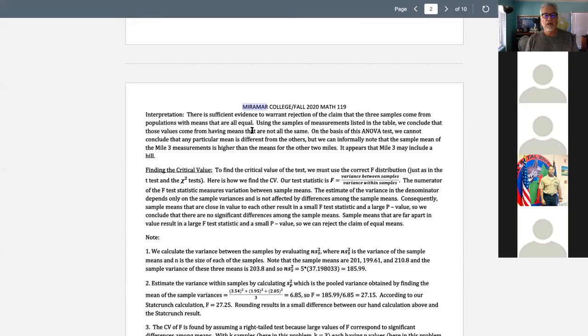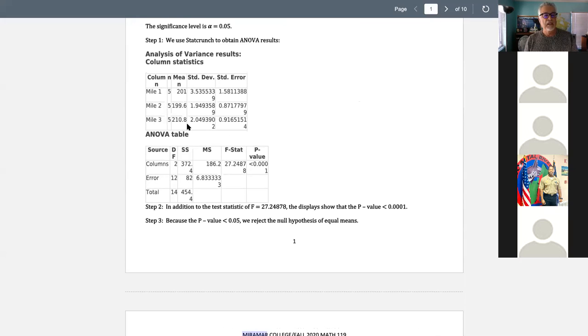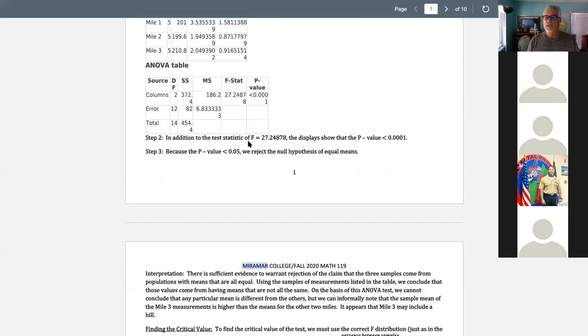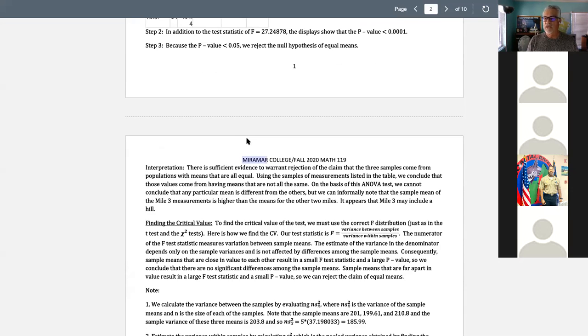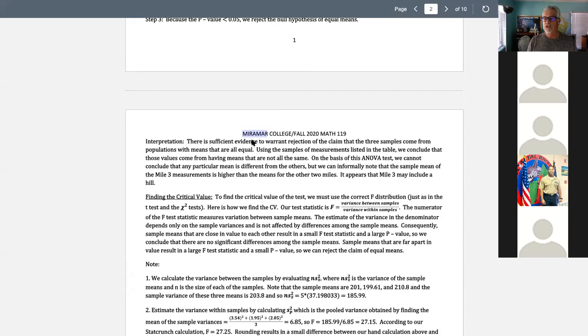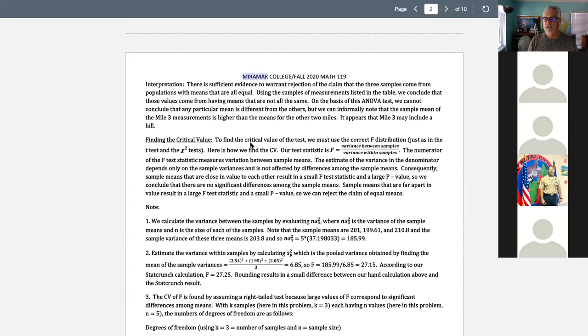Notice that in mile 3, the average time was a little higher, 210.8. So that rejection raises our suspicions that one of the means is different, and it could be mile 3. Certainly at the significance level, it looks like it might be mile 3.